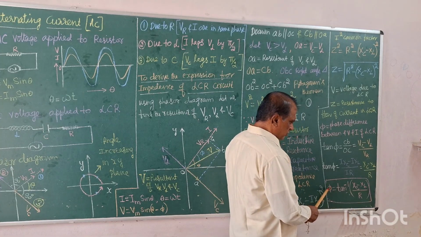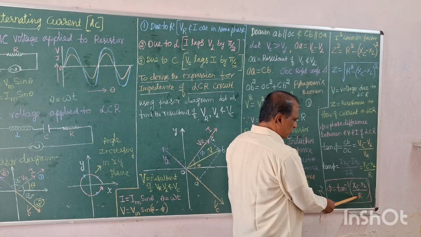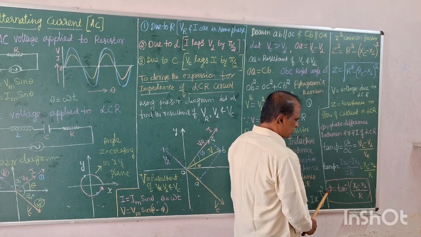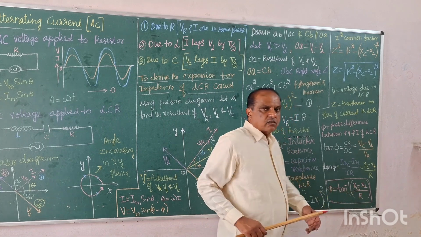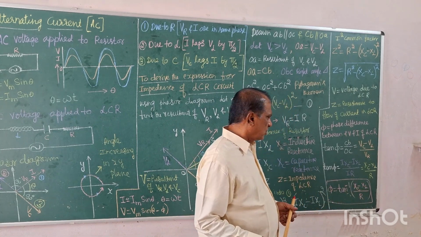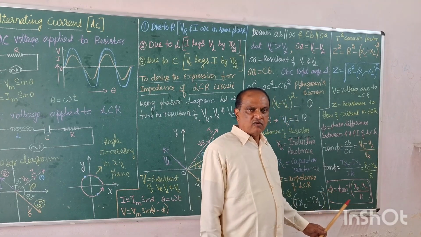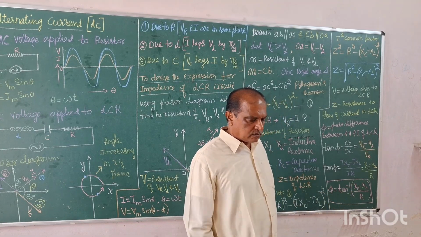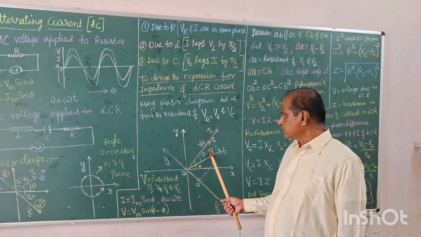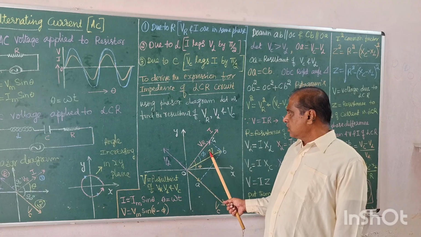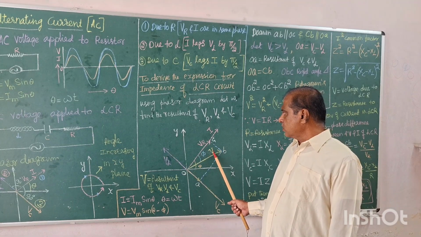So phi is the tan inverse of XC minus XL divided by R. So phi is a function of these values. If you know these values, you can find out the value of phi. This is how the phi value is found using the phasor diagram, and also the phase difference between the voltage and current.